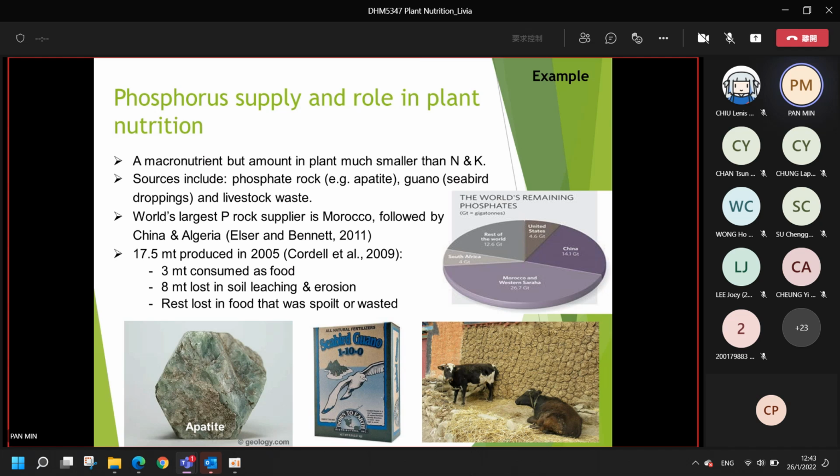Most manure phosphorus is in inorganic forms, and about 16 to 17% of manure phosphorus is estimated to become available to the first crops after application. So most of it will be leached out.